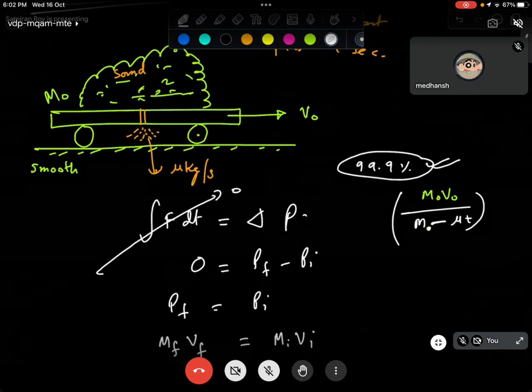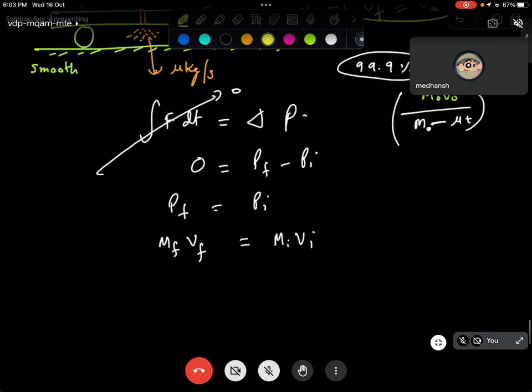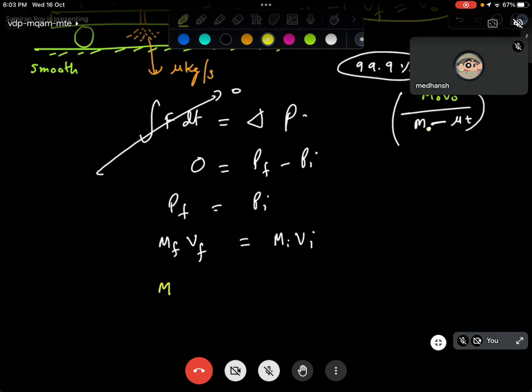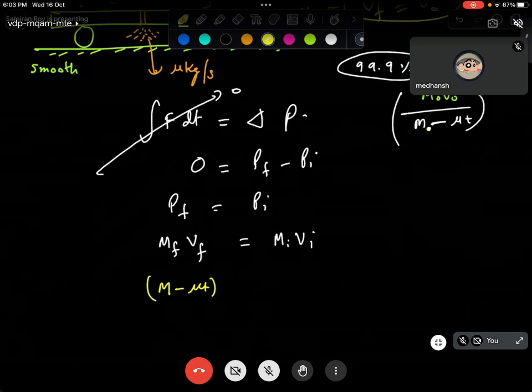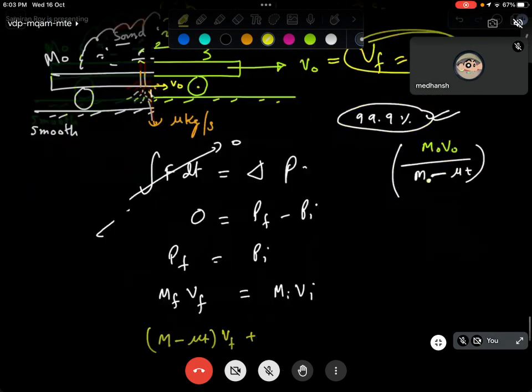See, final velocity will be v naught, which is equal to initial velocity. I'll solve. See, what is final mass? Can I write capital M minus mu t, correct or not, into v final, plus whatever mass is falling, it's also moving with the same velocity v naught, mu t.